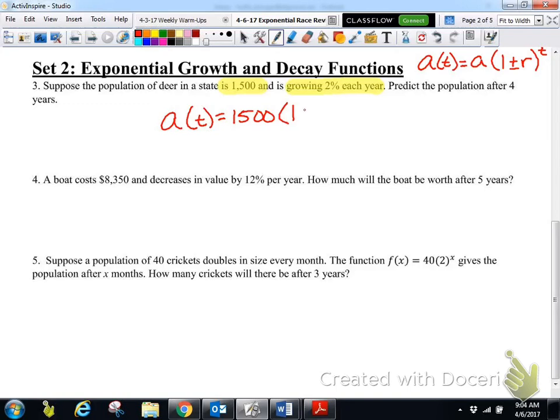In this case, since it's growing, we're going to say plus, and we have to write that 2% as a decimal, so 0.02 raised to the t. And in this case, it says that our t is going to be 4 years. So 1,500 times 1 plus 0.02 raised to the 4. And our estimated population should be around 1,623 deer.